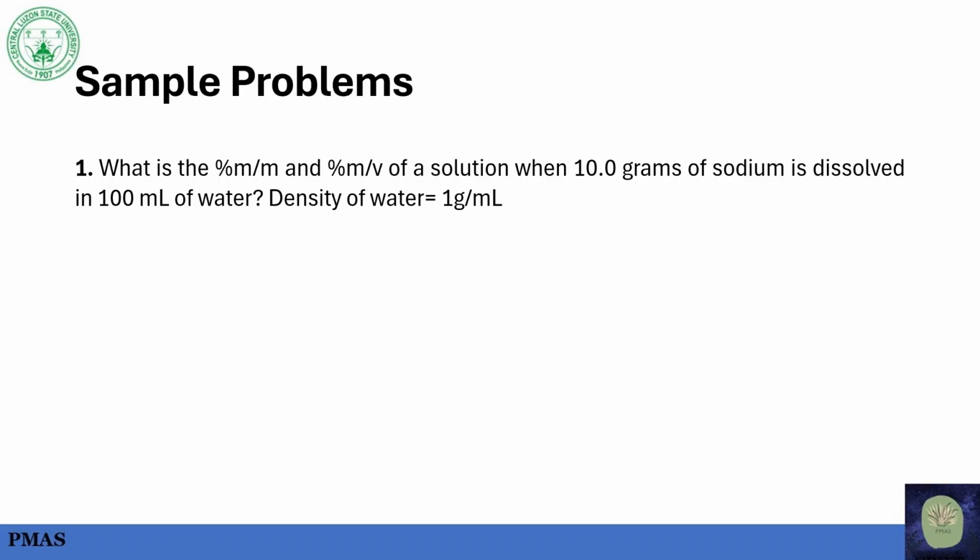For number one, what is the percent mass by mass and mass by volume of a solution when 10 grams of sodium is dissolved in 100 ml of water, where the density of water is 1 gram per ml?